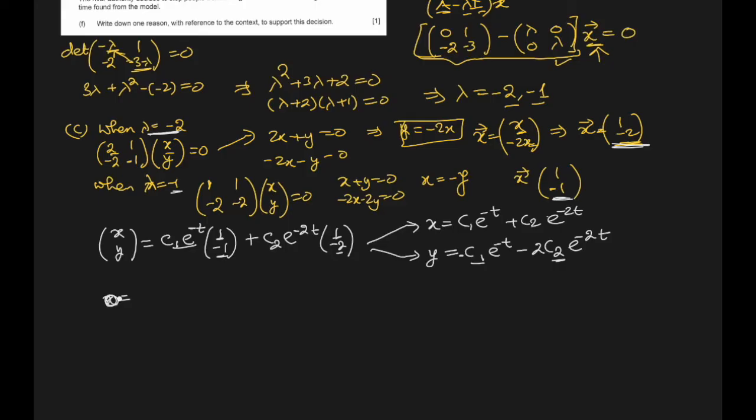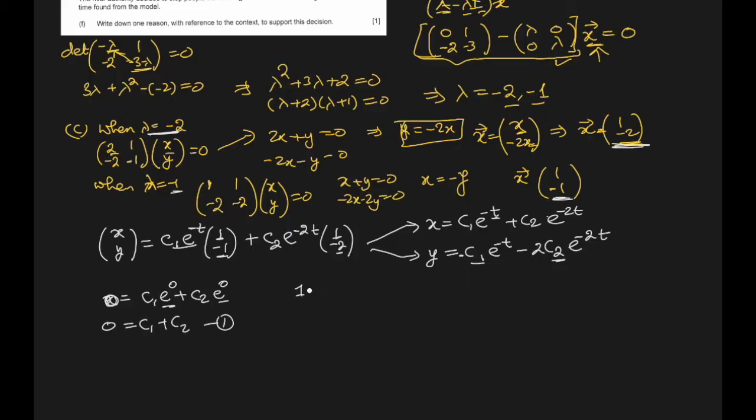So the first situation is 0 equal to c1 e to the power 0 plus c2 e to the power 0. So this gives us 0 equal to c1 plus c2, because e to the power 0 is one. This is equation number 1.